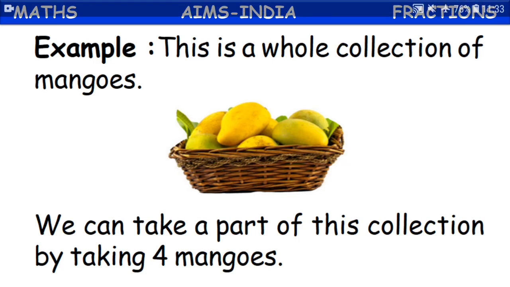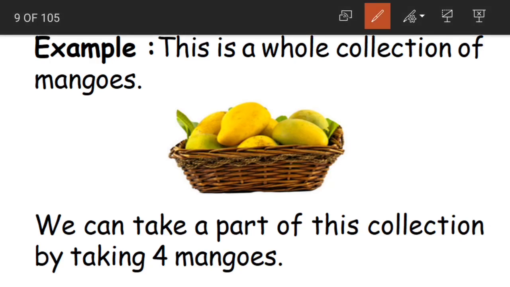What are they saying? This is a whole collection of mangoes. Here is a basket of mangoes. There are more than 1 mangoes in it. Now when we are distributing these mangoes, suppose 2 families bought these mangoes together.